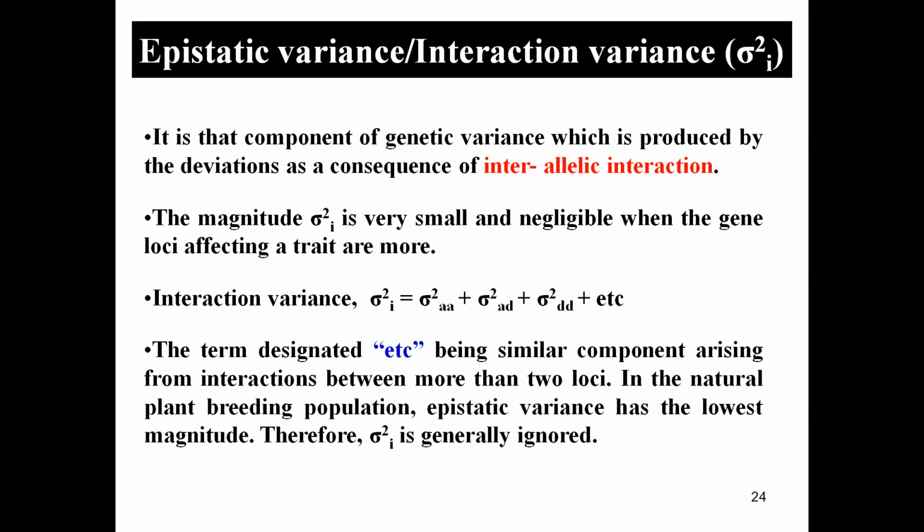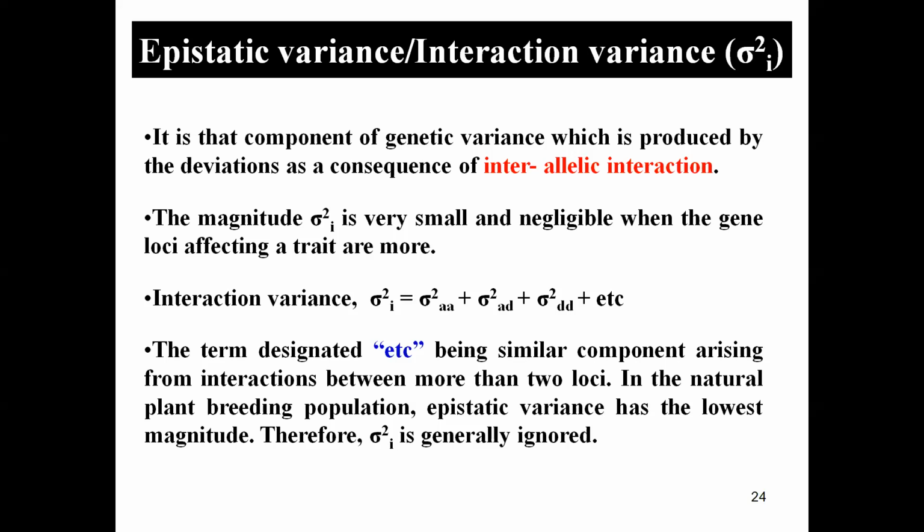Next is epistatic variance or interaction variance. You know what is epistasis? It is inter-allelic interaction. If there are two or more loci, there may be interaction between different alleles of separate loci, and that interaction gives rise to deviation in some values, and this gives rise to interaction variance. The magnitude of interaction variance is very small and negligible when gene loci affecting a trait are more.